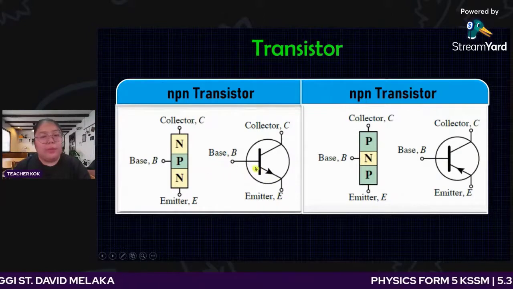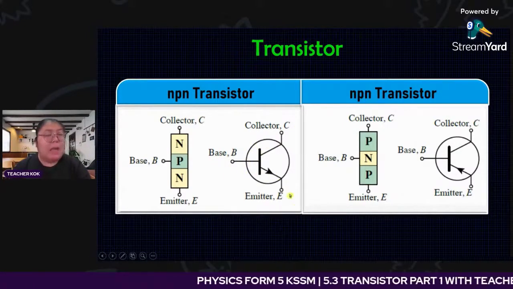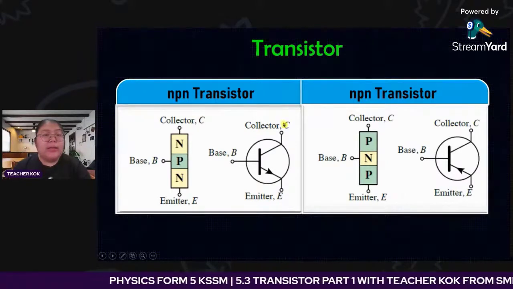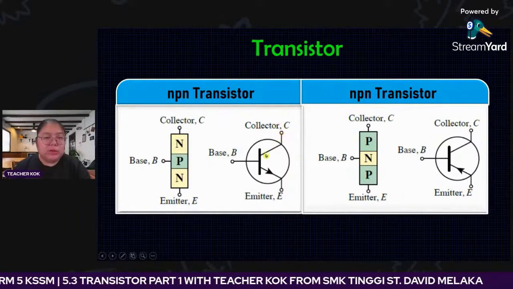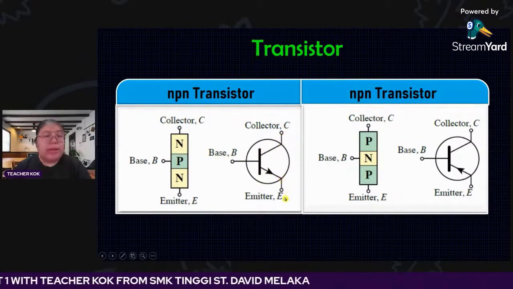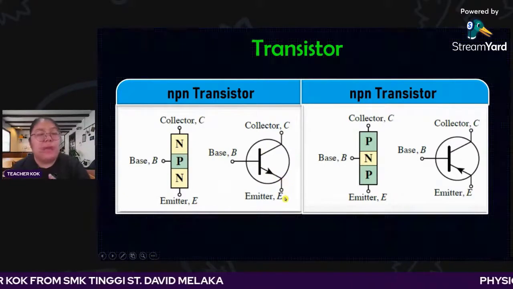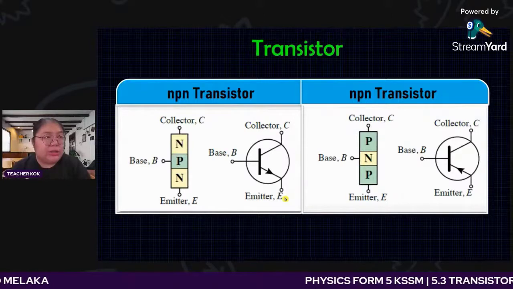If the current is from the B, it cannot go to the C anymore. It can only go up to the emitter. Then the collector also cannot go to the B. C cannot go to the base. The collector only goes to the emitter. So the emitter finally is surely the biggest one, because it collects all the charge.